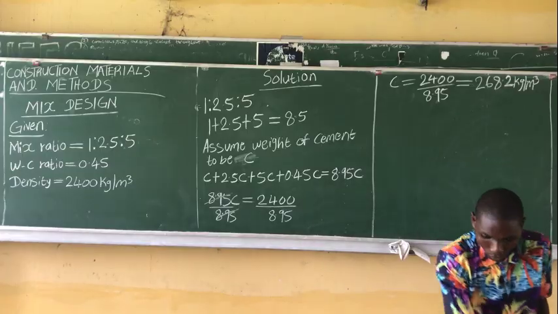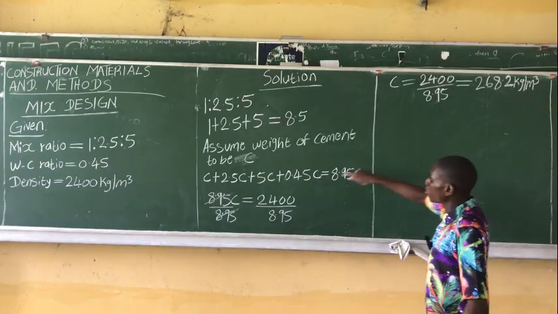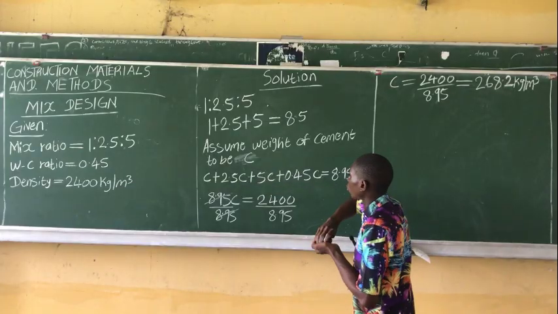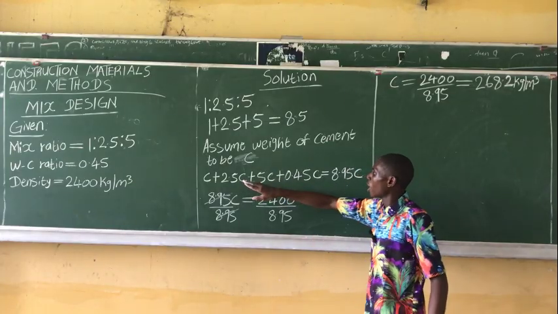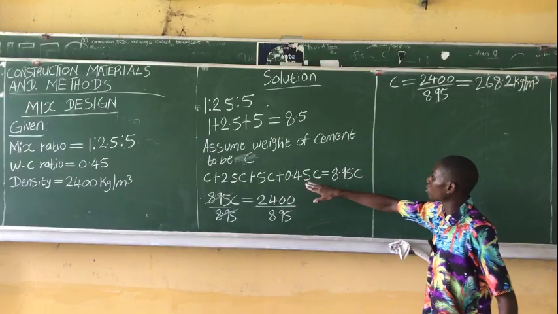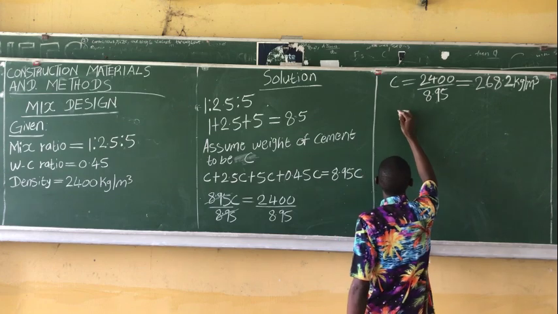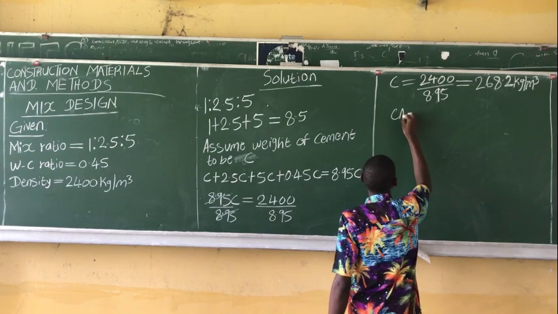After getting the value for C, we simply input it into the different proportions to get the weight of our sand, the weight of our granite, and the weight of our water.